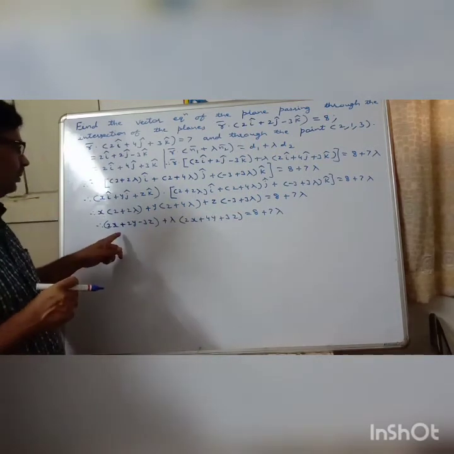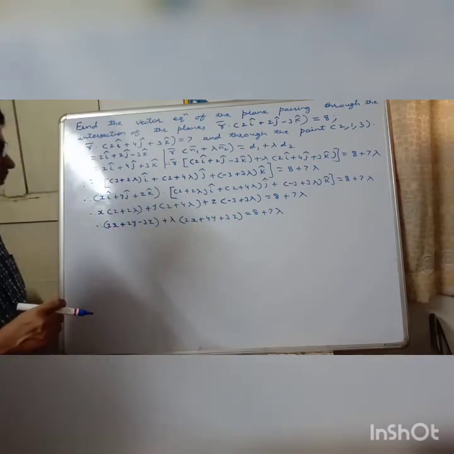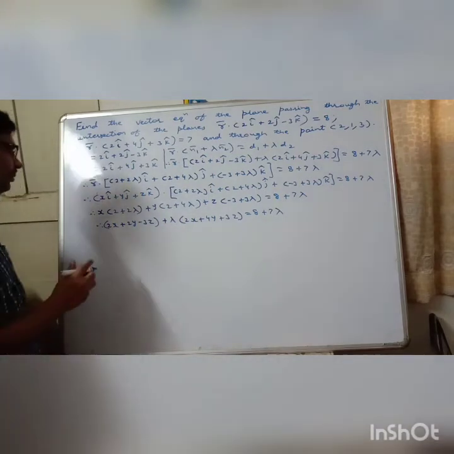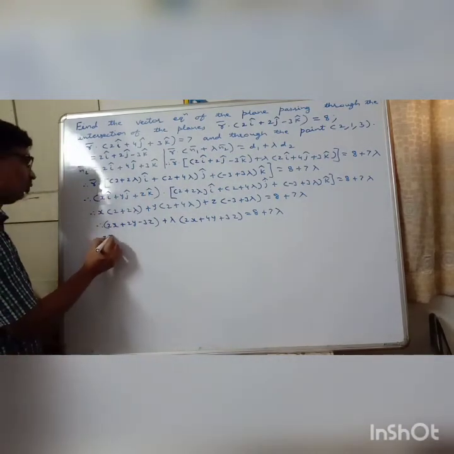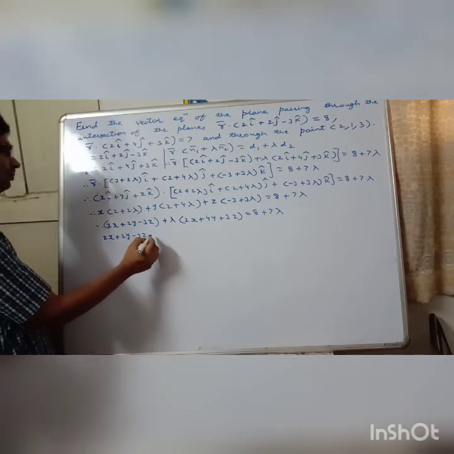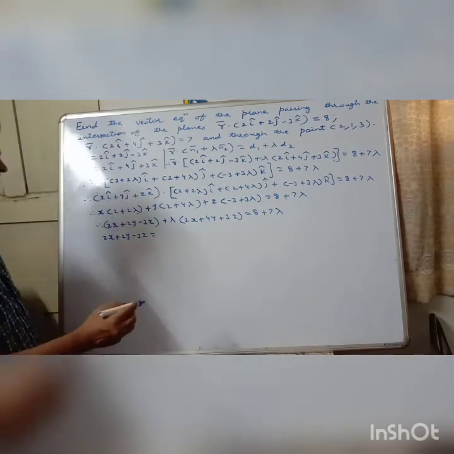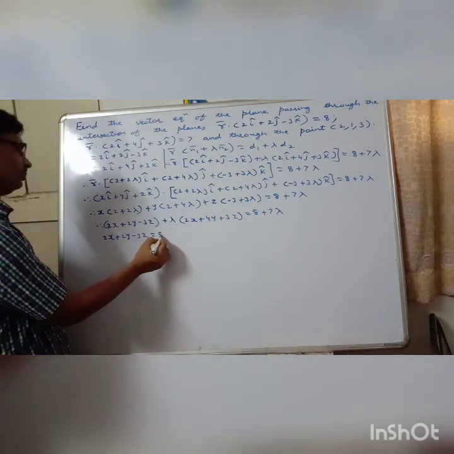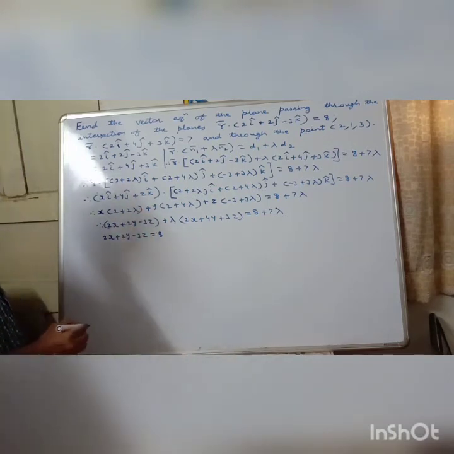Compare terms which do not contain lambda. So we get 2x plus 2y minus 3z equal to 8.